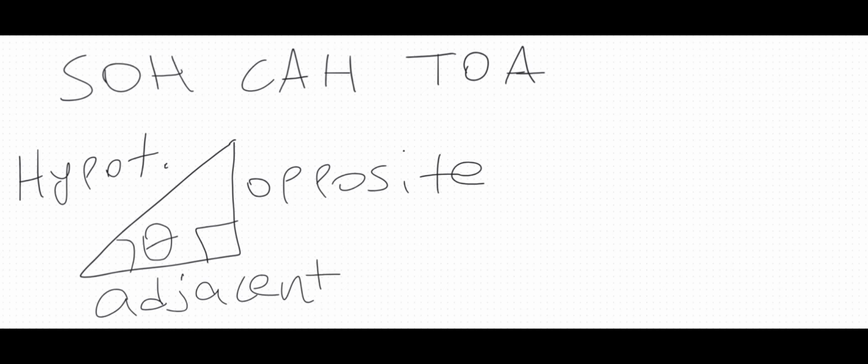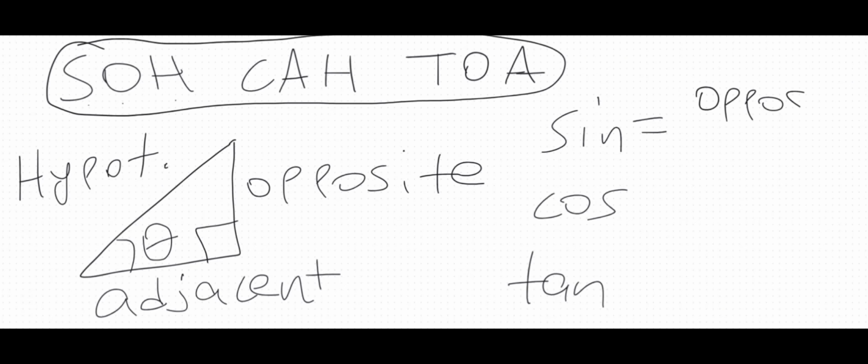So in right angled triangles, we will have three trigonometric ratios, which are called sine, cosine, and tangent. Sine is always opposite over, so that means divided by, the hypotenuse.